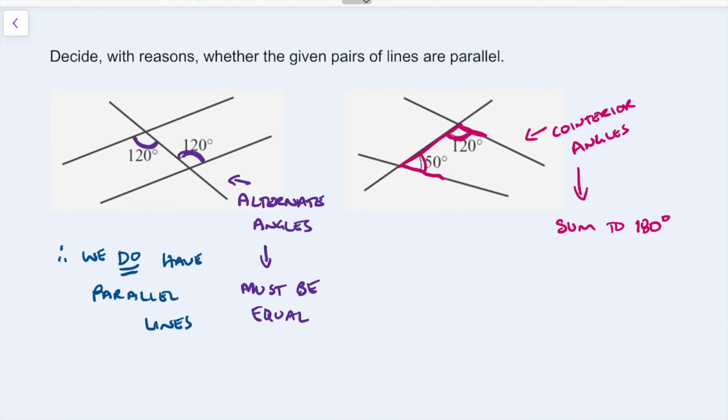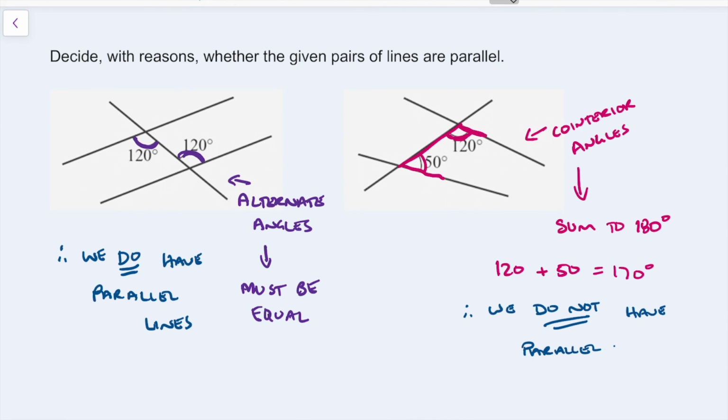Supplementary adds to 180 degrees. We have 120 plus 50, which is 170. So for this one, we do not have parallel lines.